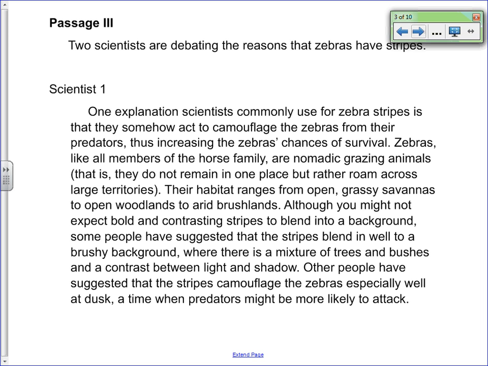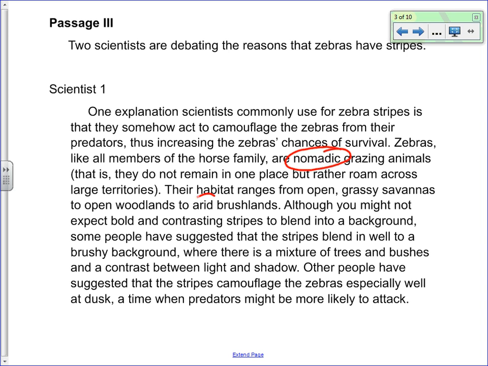Excellent. So let's pause here for a second and make sure that there's no vocabulary that is holding us back. Does anyone want to offer up our first word that we're going to circle and go through together? Nomadic. Any other words? Arid. Woodlands.